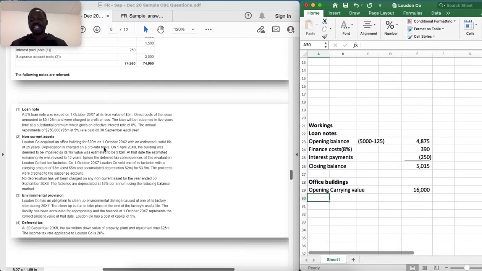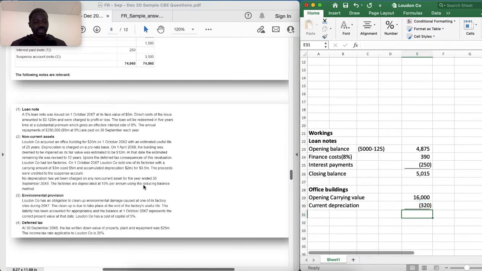That's 6 months. So we'll depreciate that by 6 months. Current depreciation. It was initially depreciated over 25 years. Then we multiply that by 6 divided by 12. We get 320.